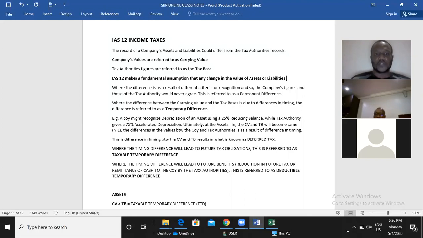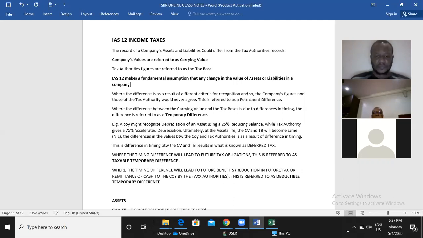IS 12 makes a fundamental assumption that any changes in the values of assets or liabilities in a company would lead to tax consequences.